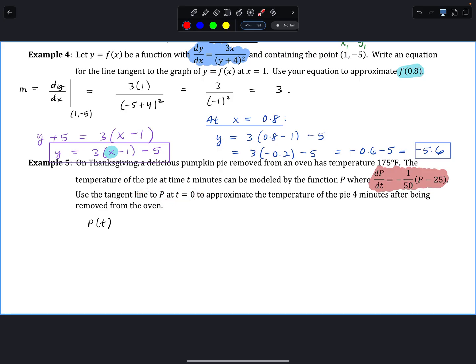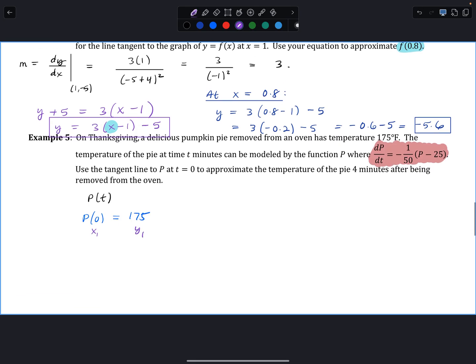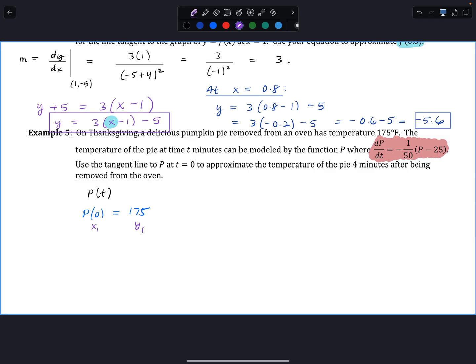Do we know the temperature when it was removed from the oven? It tells us that when the pie gets taken out of the oven, it's 175 degrees. So I'm going to use the point p of 0 is equal to 175. So this is going to be your x1 and your y1. That's the only thing that's different. It's just deciphering that. Everything else is the same.